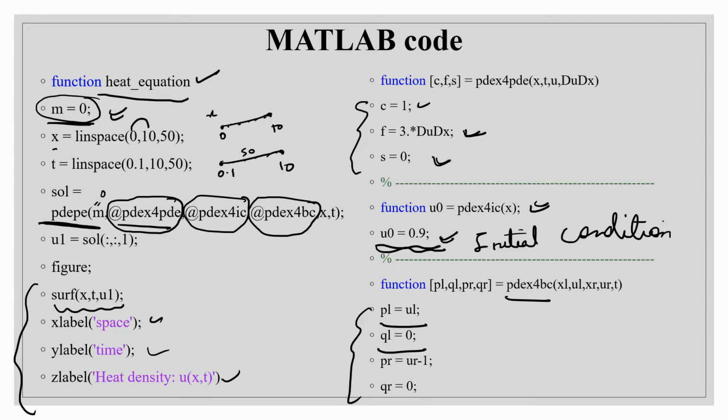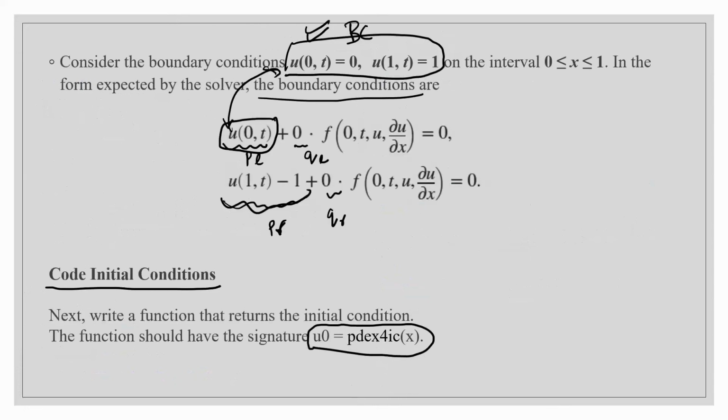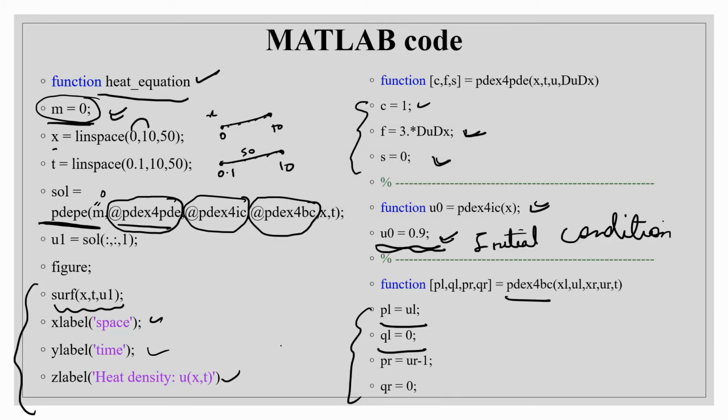Now we will see the right boundary condition. You can see that here I have a right boundary condition. Here my pR will be this, that is uR minus 1, and qR is equal to 0. So this is pR equal to uR minus 1 and qR is equal to 0.